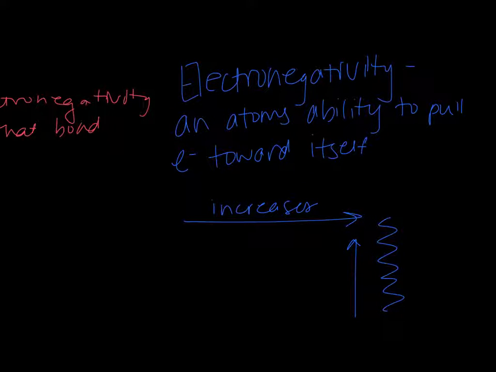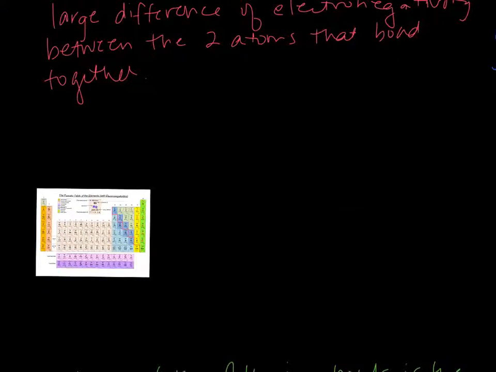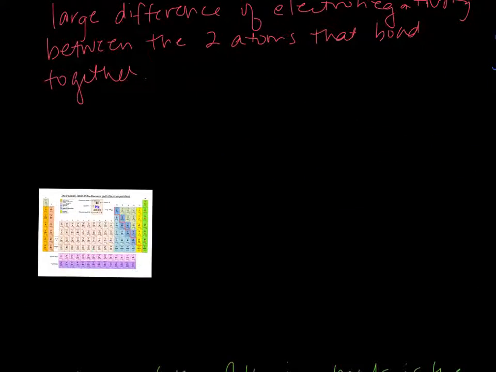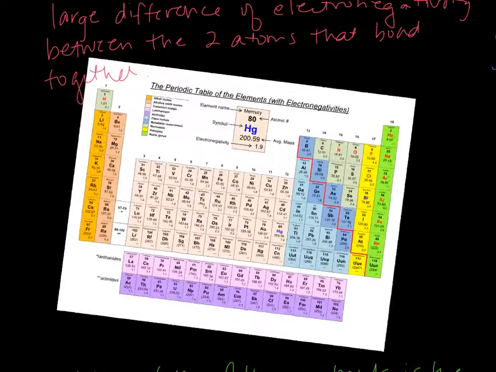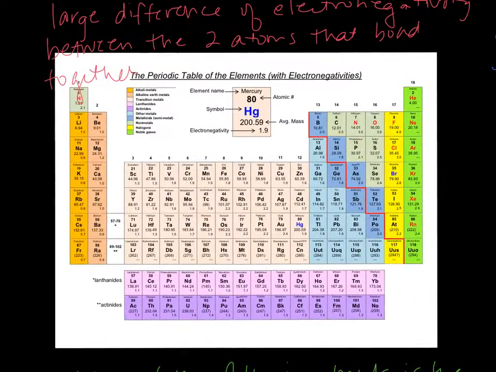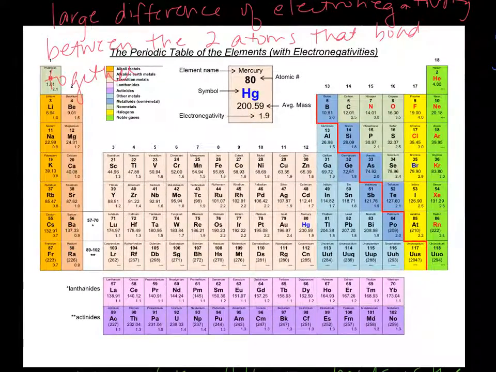And if we look at the periodic table right here, we can see the values of electronegativity. The value for fluorine is 4, and it's the greatest. So it's increasing going this way and going up the periodic table.